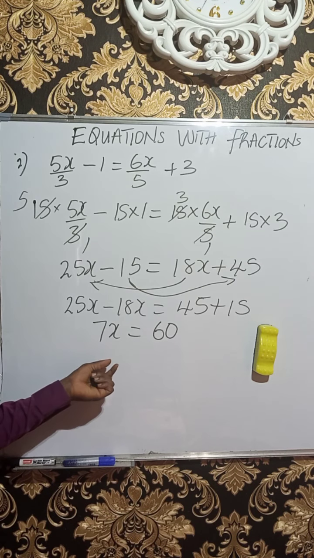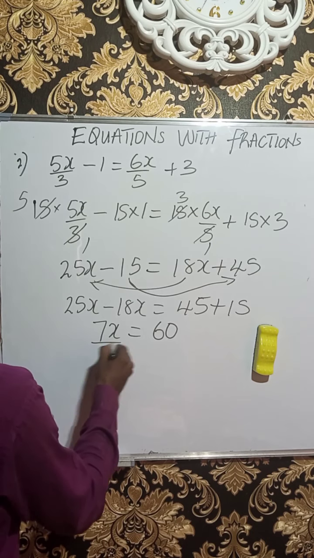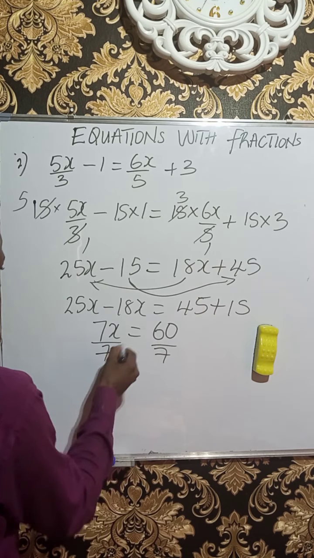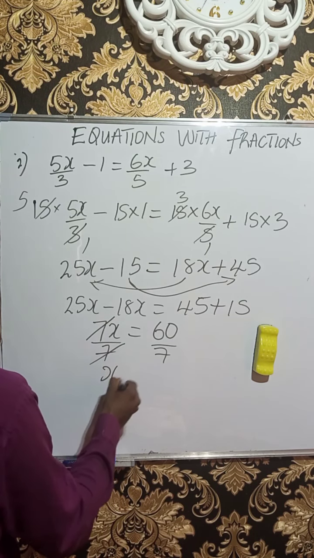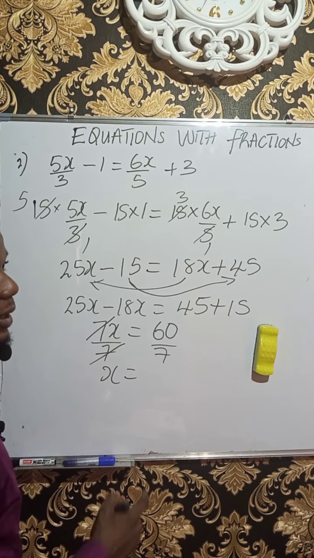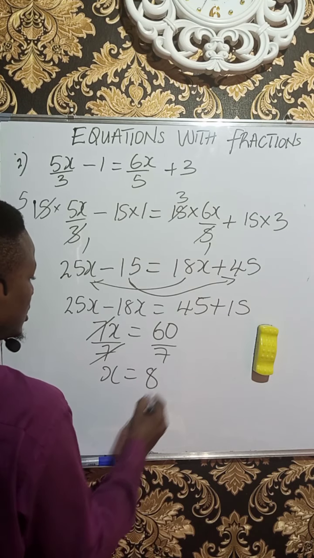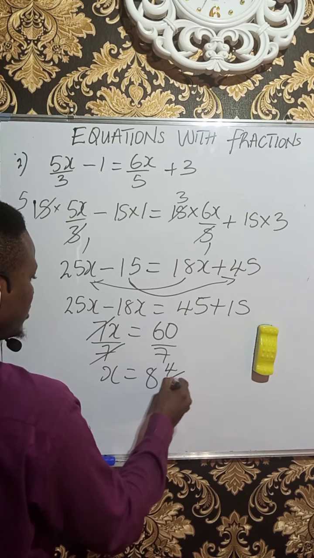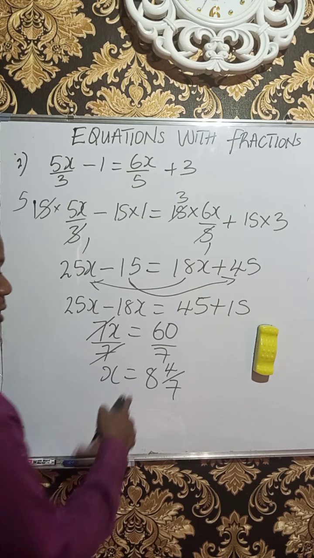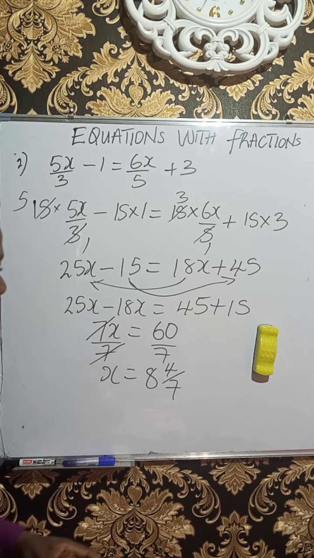So to get the value of x, I will divide both sides by 7. So I'll have 7 all over 7. This cancels out. So x will give us 60 divided by 7, which is 8 remainder 4 all over 7, because 7 times 8 is 56, and 56 plus 4 is 60. So let us take another one.